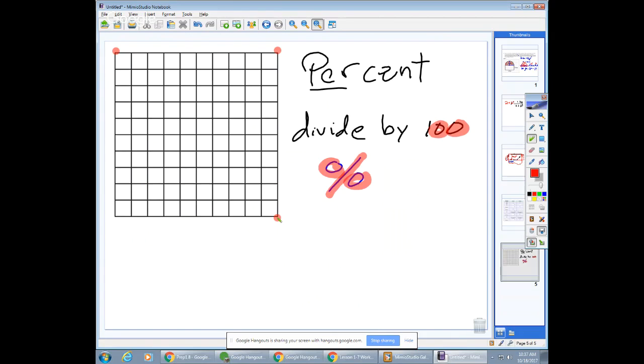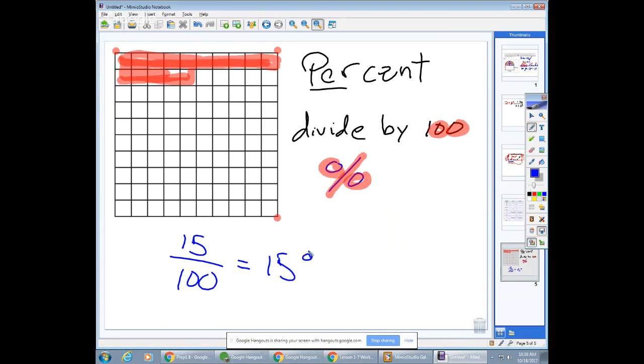So if I shade part of this grid, like let's shade those right there. All right, what part of the grid did I look at? Well, I tried to shade 15 squares. There's a total of 100 squares there, so this must be 15%.